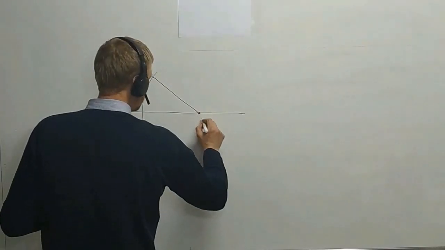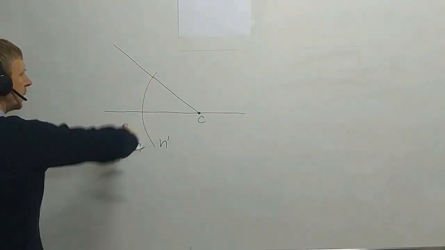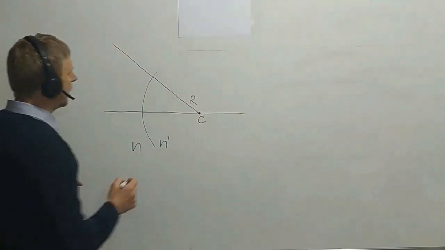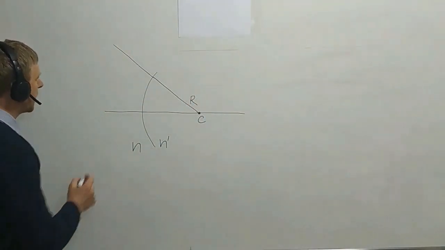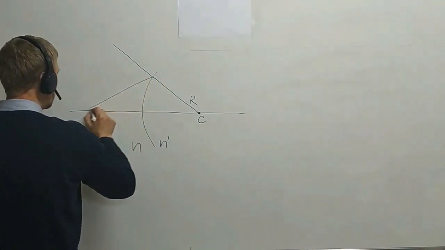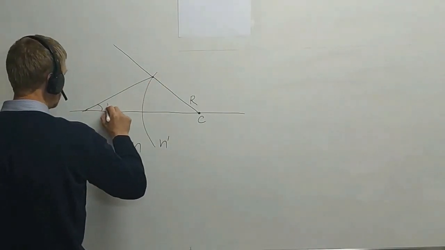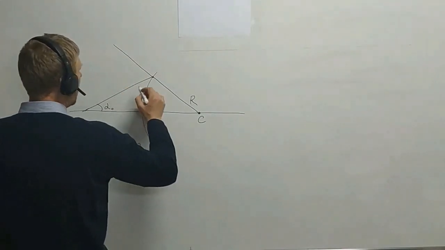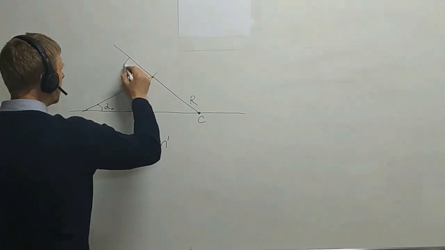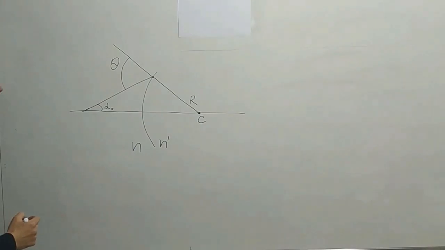So this point is C, which is the center of the sphere corresponding to this surface, and R is the radius of the surface. And now I have the ray coming to this point. So this angle is alpha 0, and since this is the perpendicular to the surface, this angle is theta, which is the angle of incidence.